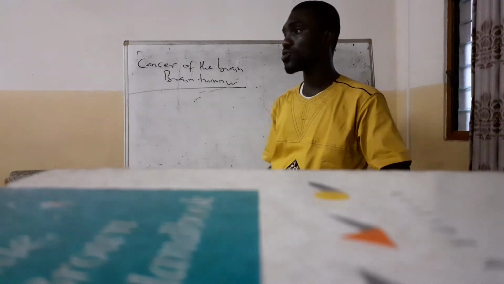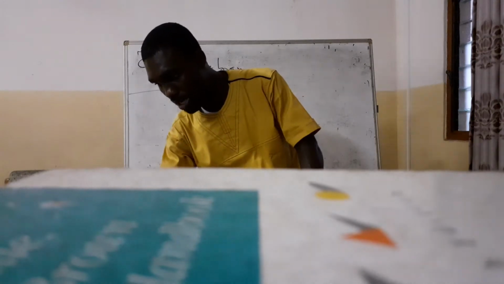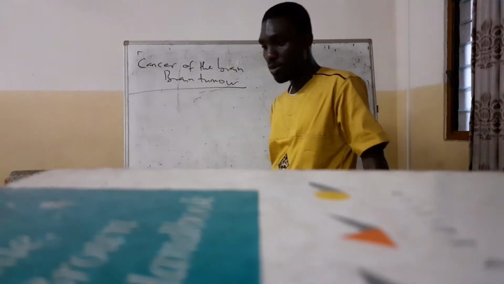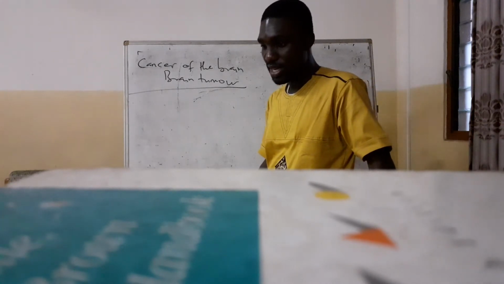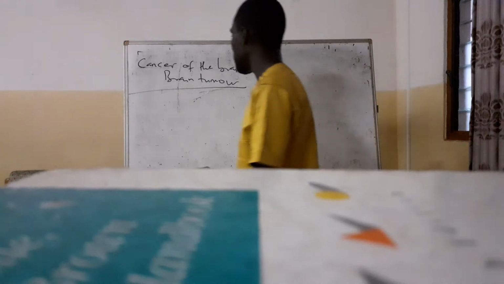So when you have the cells of the brain growing abnormally, we term it as tumors of the brain or cancer of the brain, right? There are types of brain cancer.